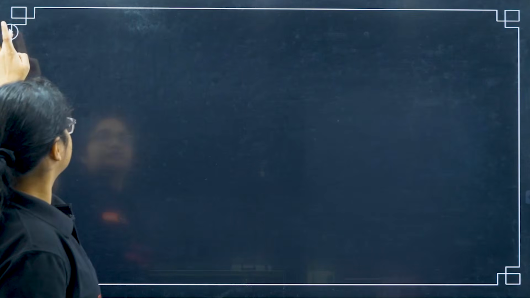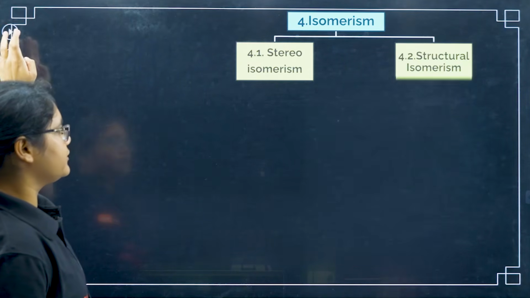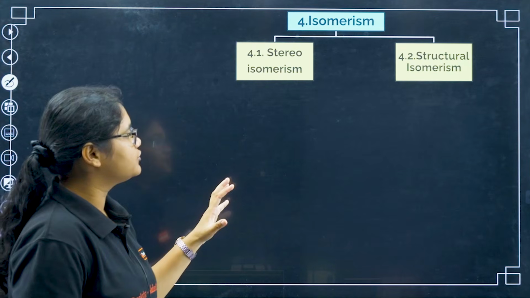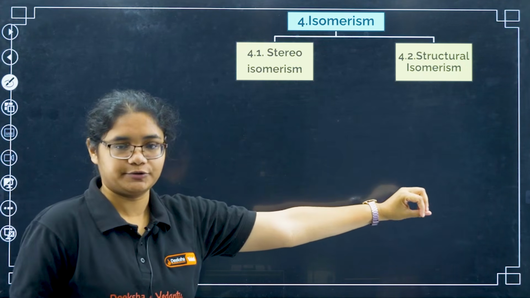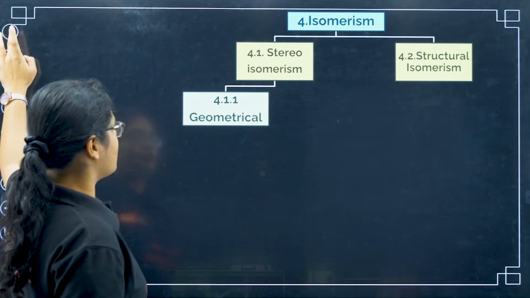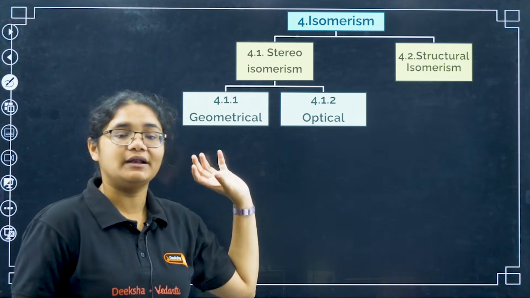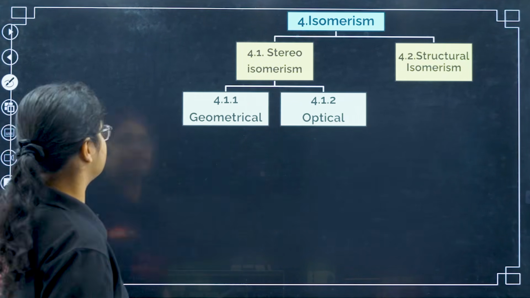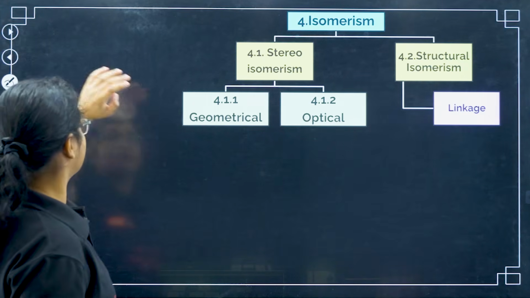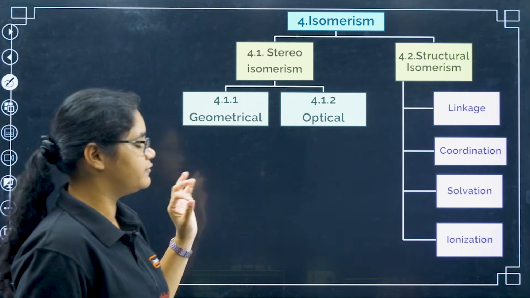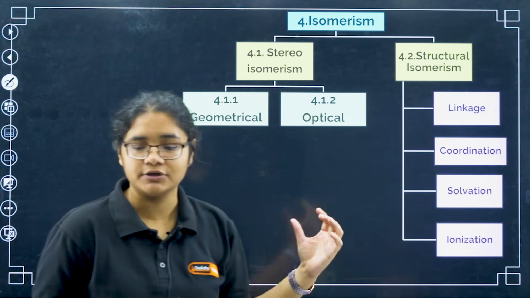Now let's move to the next topic, that is isomerism. We have 2 types of isomerism, stereoisomerism and structural isomerism. Under stereoisomerism we have 2 topics, geometrical isomerism and optical isomerism. Under structural isomerism we have linkage isomerism, coordination isomerism, solvation isomerism and ionization isomerism.